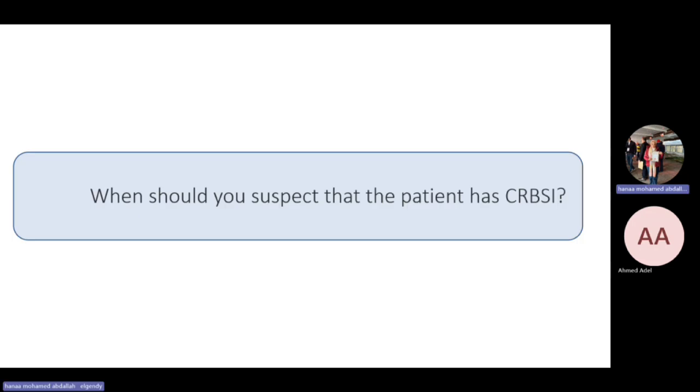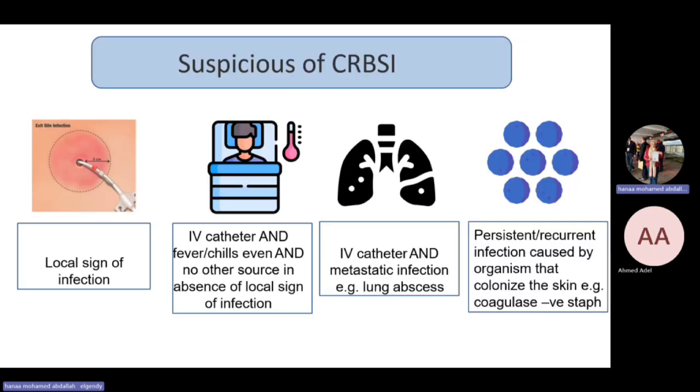So when should we suspect that a patient has catheter-related bloodstream infection? First, if there is a local sign of infection, as in case 1. Or the patient has an IV catheter and is feverish, there is no other source, and there is no local sign of infection at the site of catheterization.